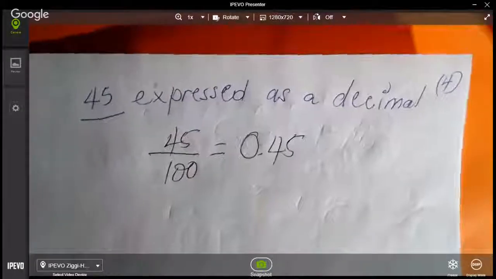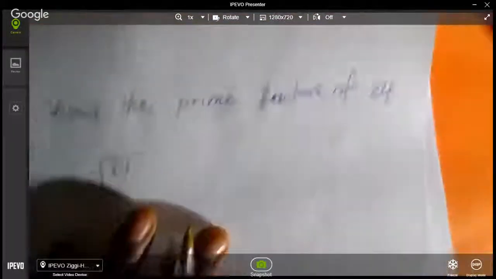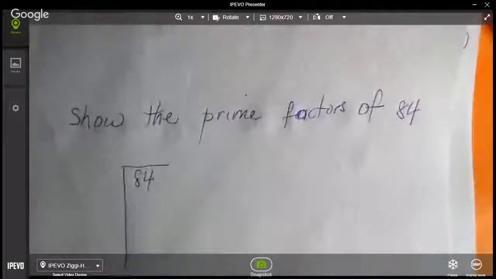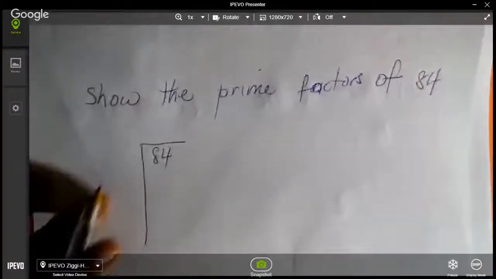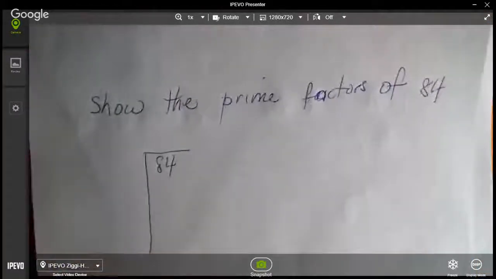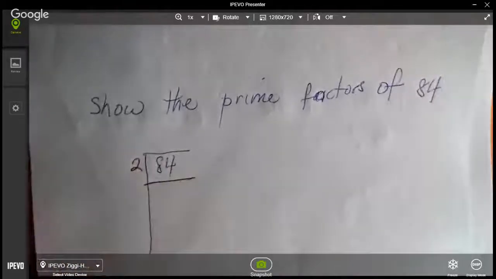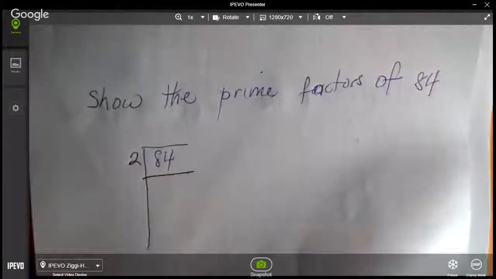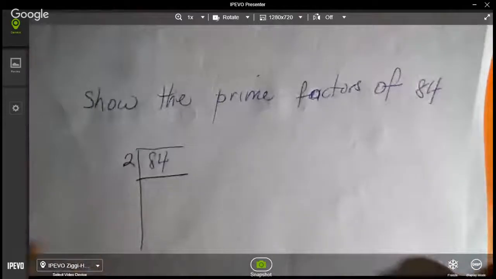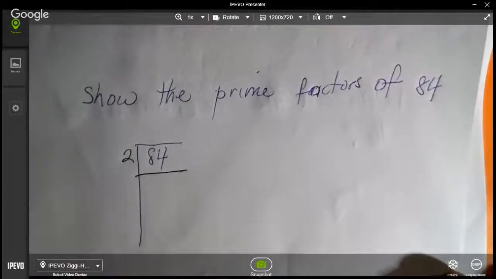All right. Let's look at this one. It says show the prime factors of 84. So we need to use some factorization here. So help me out with this one. What do I need to say now? Sir, use the smallest prime factor, which is 2, sir. 2 into 84.